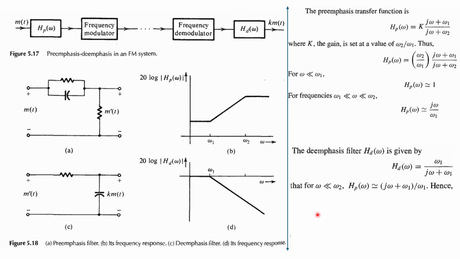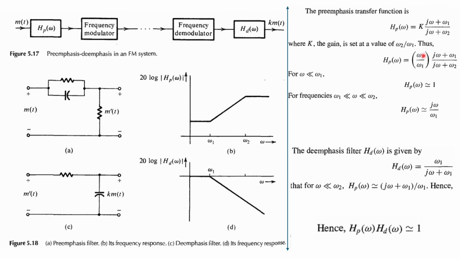So here the interesting factor is this: for pre-emphasis, if omega is less than omega 2, in that case what will happen? H_p of omega will become (j omega plus omega 1) divided by omega 1. Why?